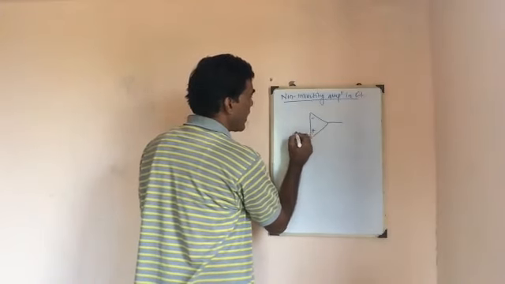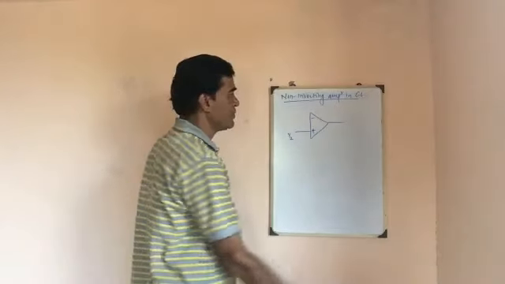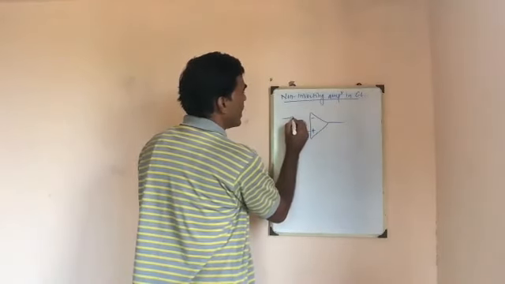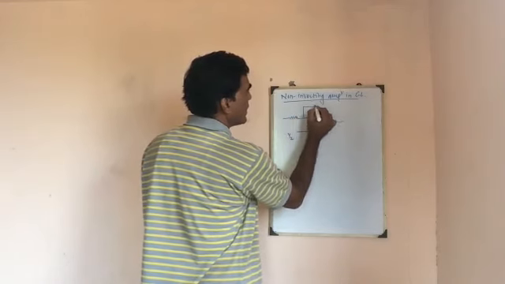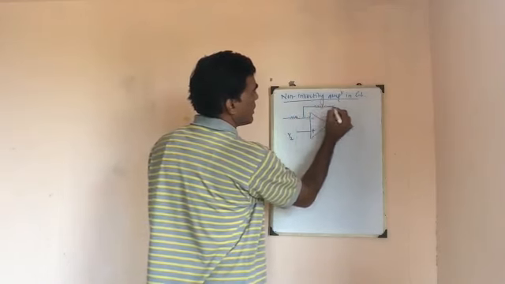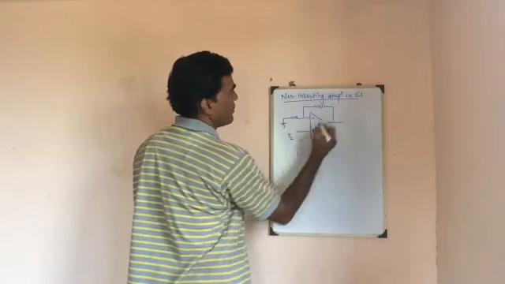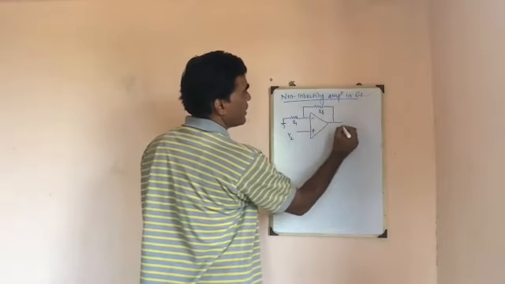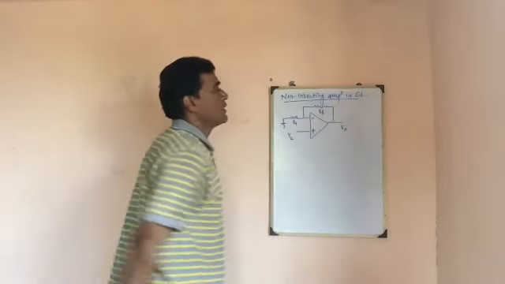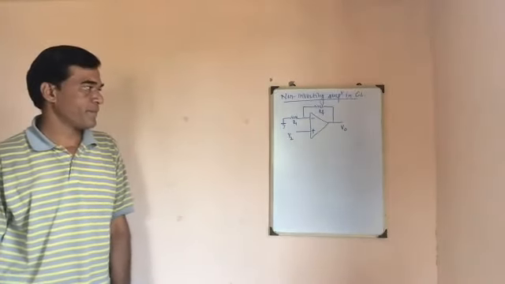Now I need to apply the input to the non-inverting terminal. Let us say it is V2. In the earlier circuit, I need to simply replace V1 by ground. This is the feedback resistor Rf, this is R1, and the output voltage I will get in case of the non-inverting amplifier.